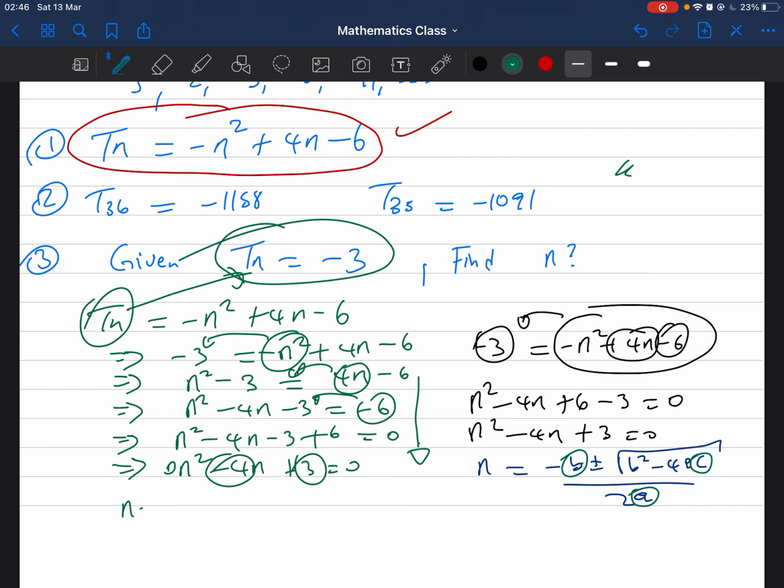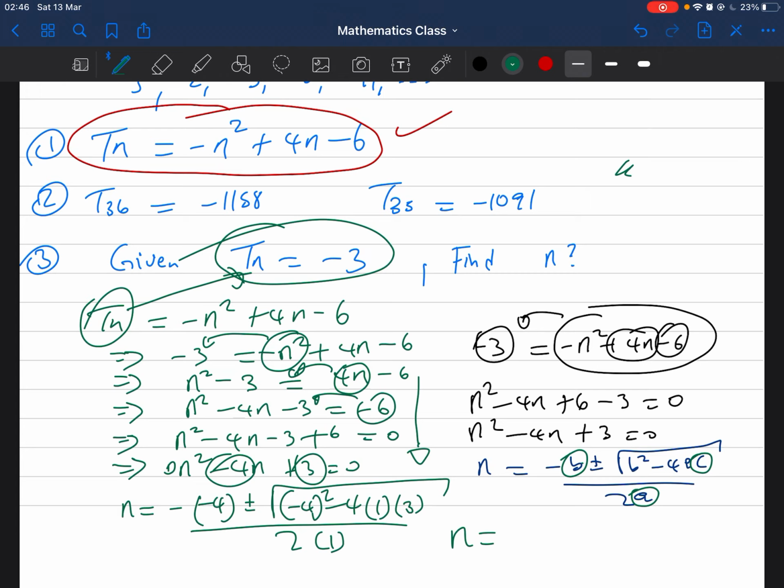So you're going to have n is equal to -4, negated, plus or minus the square root of -4 squared minus 4 times 1 times 3, divided by 2 times 1.